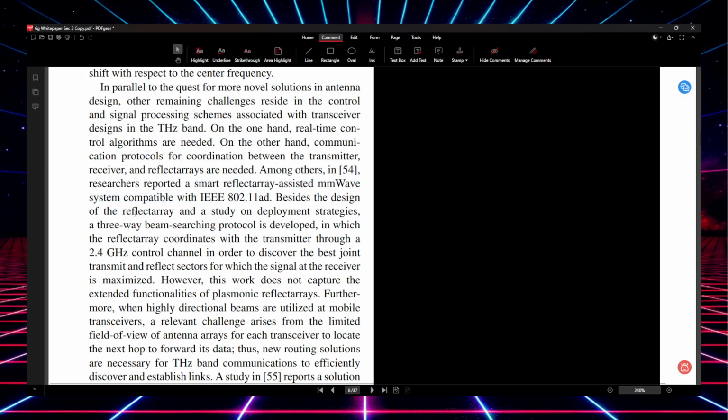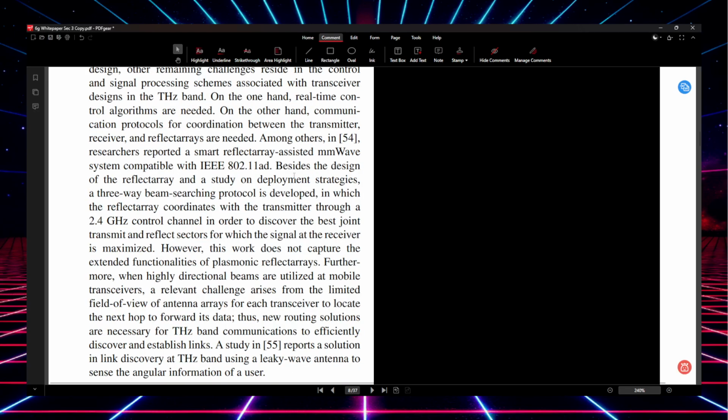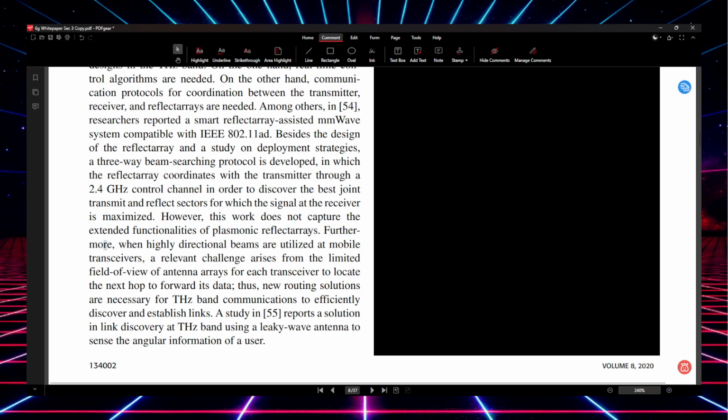Besides the design of the reflect array and a study on deployment strategies, a three-way beam searching protocol is developed in which the reflect array coordinates with the transmitter through a 2.4 gigahertz control channel in order to discover the best joint transmit and reflect sectors for which the signal at the receiver is maximized. However, this work does not capture the extended functionalities of plasmonic reflect arrays.